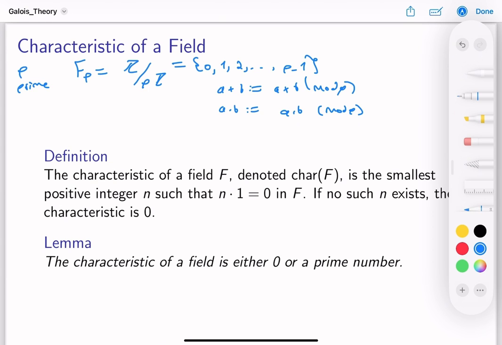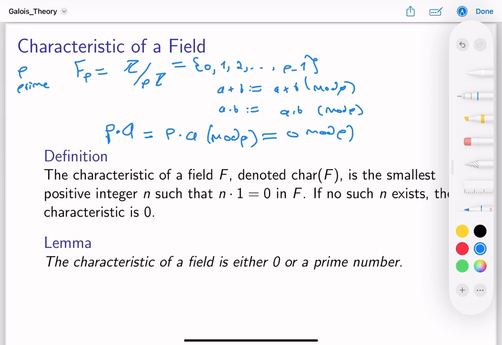If you take any element in this field, let's take any a, and multiply it by p, what happens? You have p times a, but the way multiplication works is that we always reduce the element mod p, and anything that is a multiple of p is going to be 0 mod p.